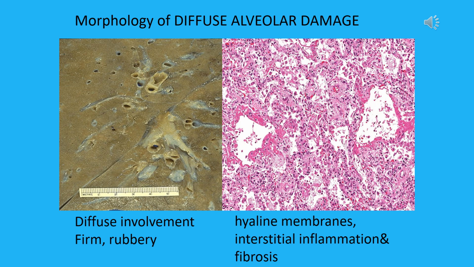Inflammation as seen by the presence of scattered neutrophils and macrophages, necrosis of the alveolar epithelial cells, and the formation of the hyaline membranes are the histologic features seen in diffuse alveolar damage.